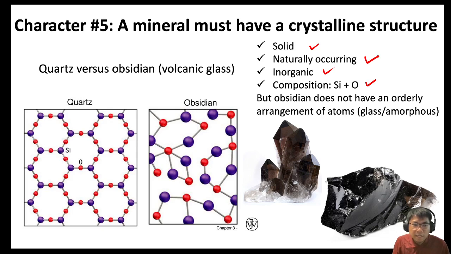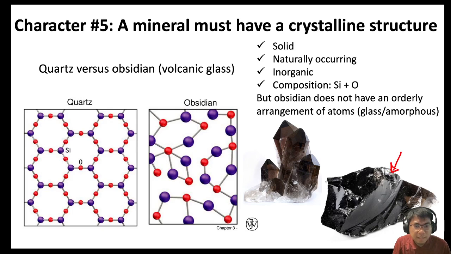However, there's also another type of material which is solid, and it occurs naturally, and it is inorganic, and it is also composed of silicon and oxygen. Obsidian, that's what its name is. But obsidian does not have an orderly arrangement of atoms like quartz. So let's take a look at what we have within obsidian. So this is an example of obsidian right there.